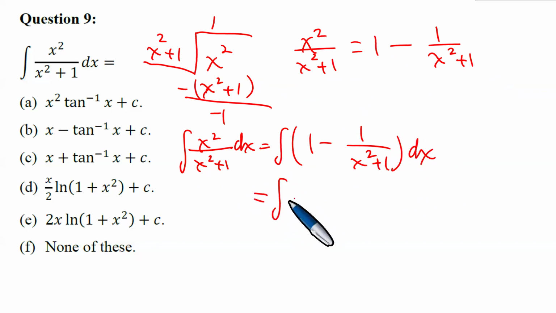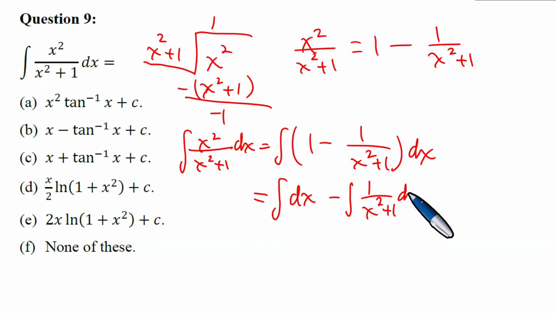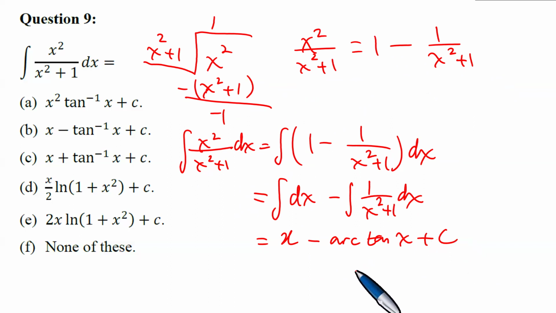Right, and then obviously you can perform the integration of the 1 and then the integration of 1 over x squared plus 1 dx. And what is the integral of dx? It's only x, minus the integral of 1 over x squared plus 1, which is the arctangent. So it is arctan of x plus c, and therefore the answer is x minus arctan of x plus c.